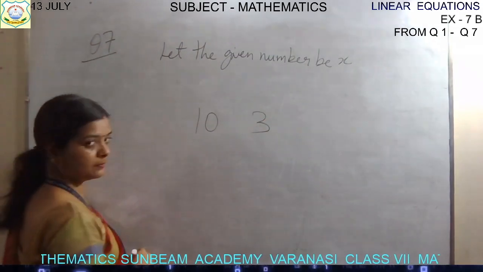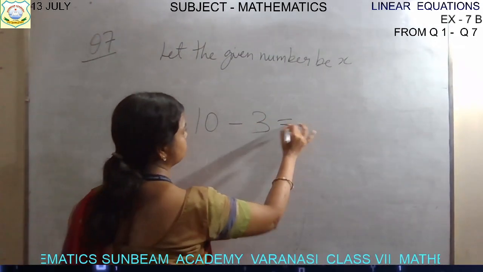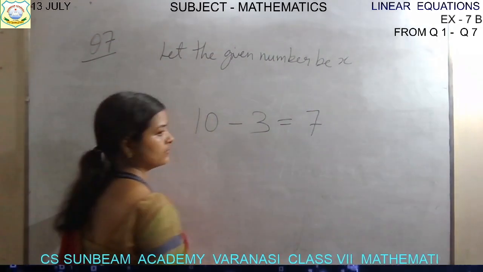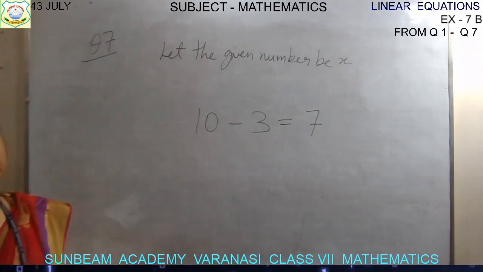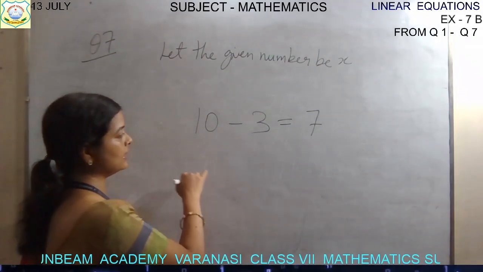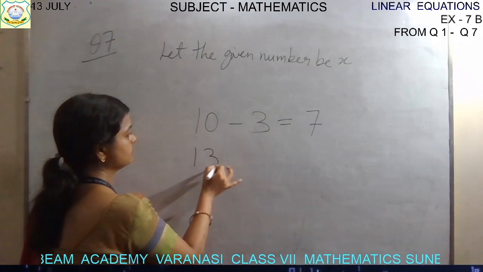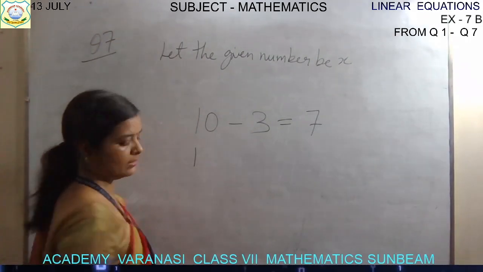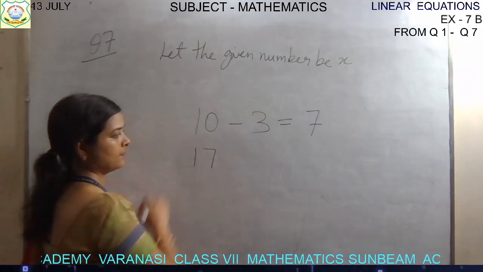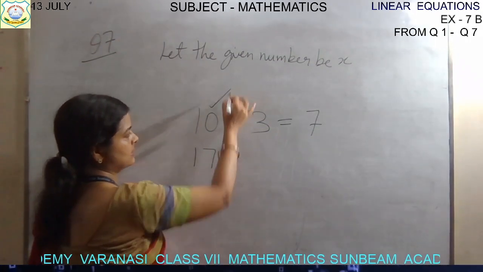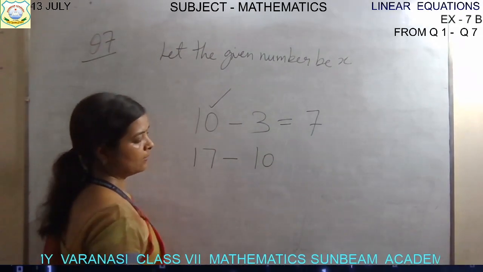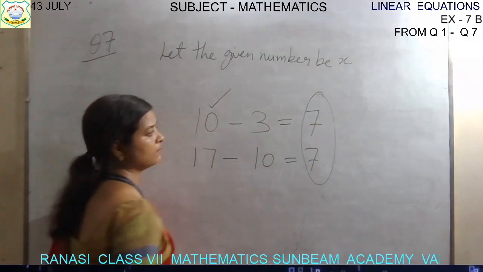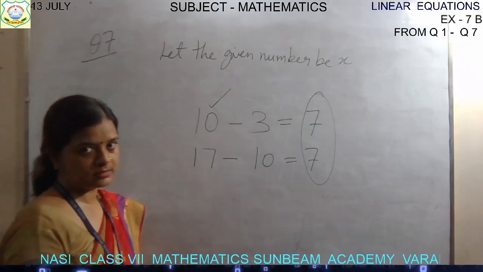And what will you get as the answer? 10 minus 3 is 7. And if you take 17 and subtract 10, what will you get? You will get 7. So in both cases, the answers are equal.